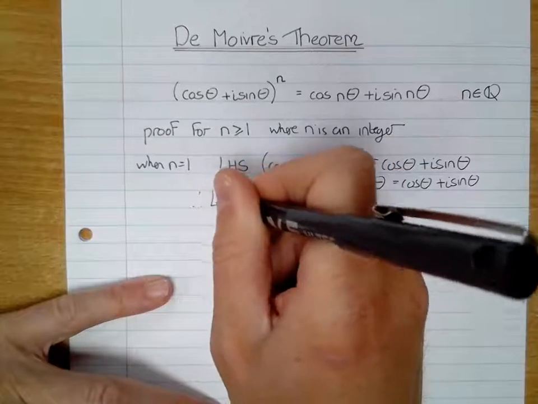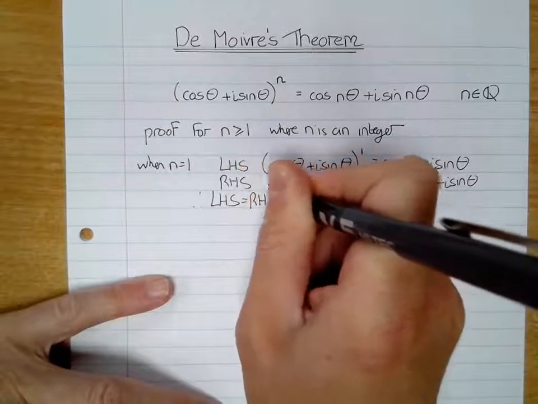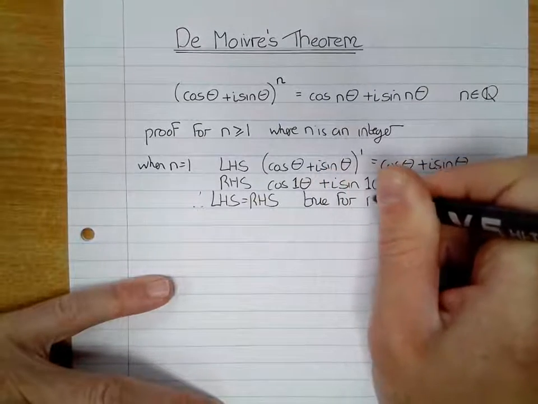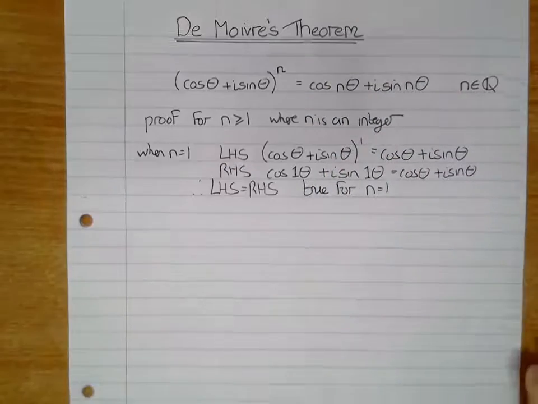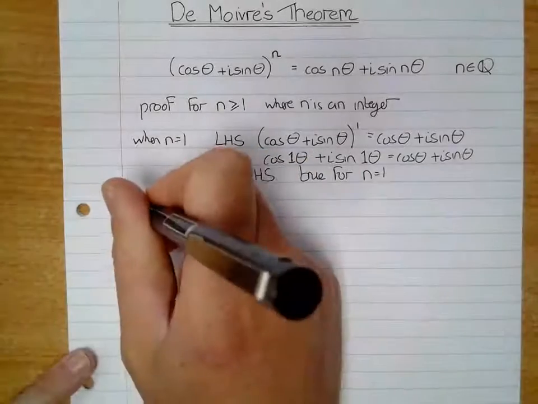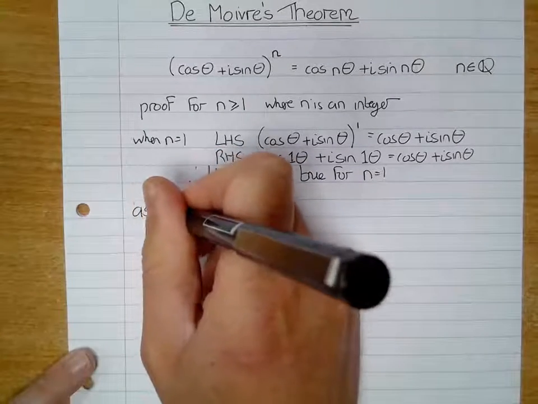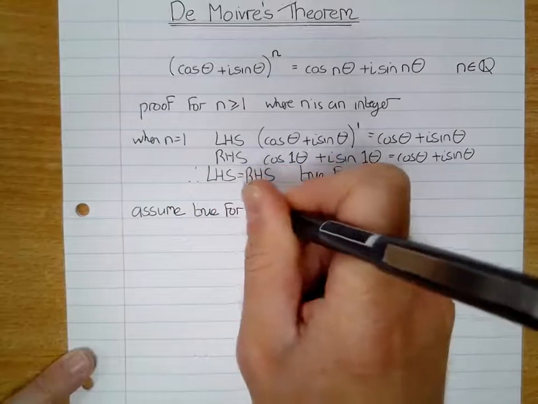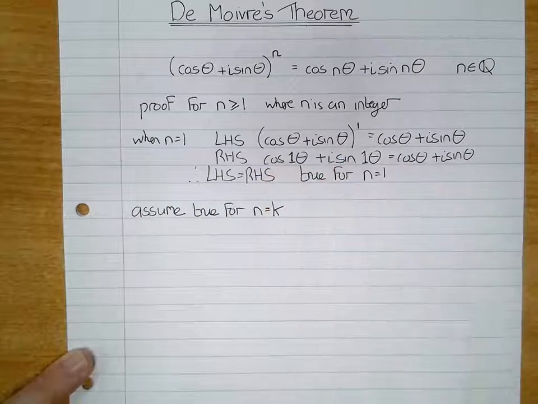Therefore, left hand side equals right hand side, and the result, rather unsurprisingly, is true for the case n equals 1. Now, if you remember proof by induction, you then assume that the result is true for n equals k.